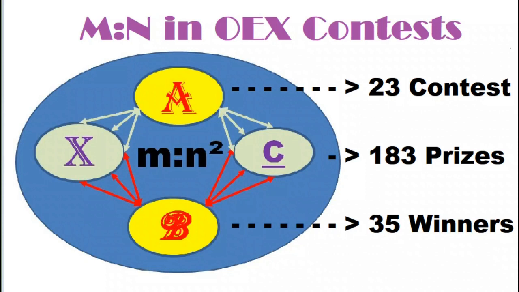So if you create a diagram, you see at the top, marked by A, the 23 contests. And then you see the two categories for experts and community prizes. And at the bottom it all comes together in the winners.